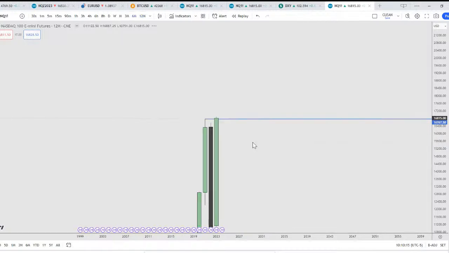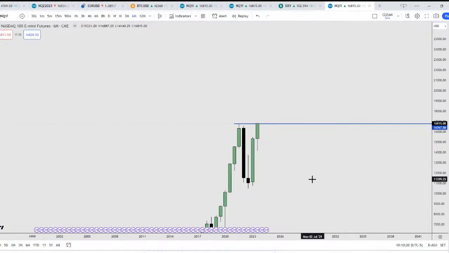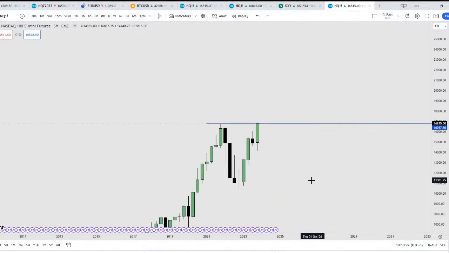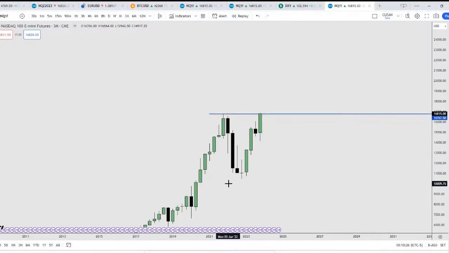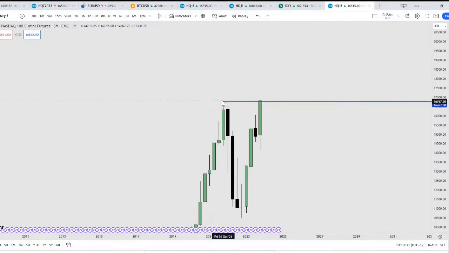So let's head over to 6 months, 3 months. Yep. So the closing price is important, if it is above or below this swing high.